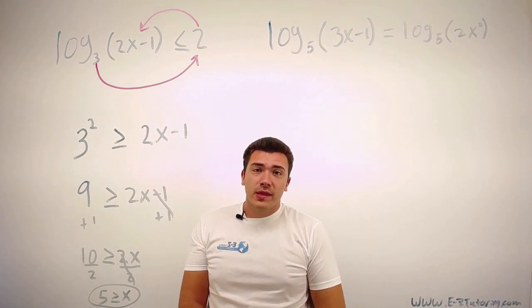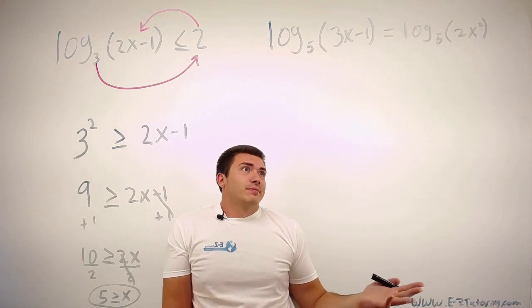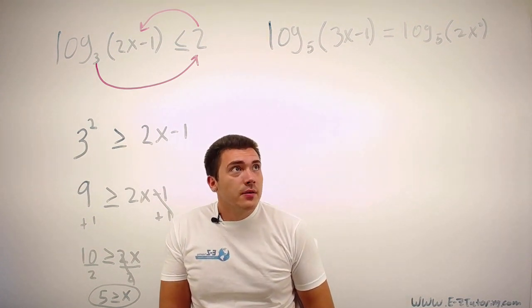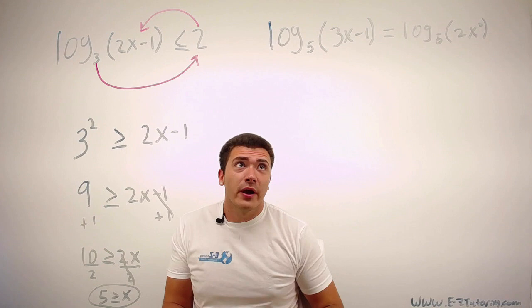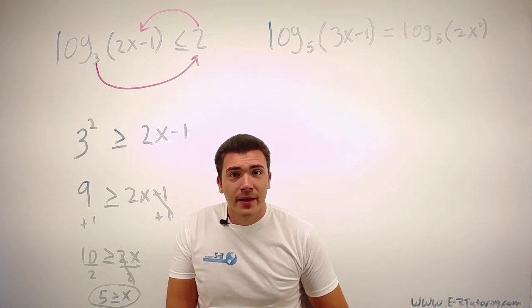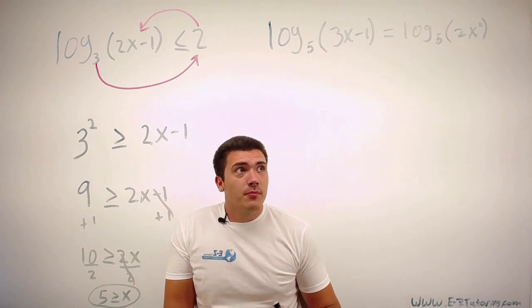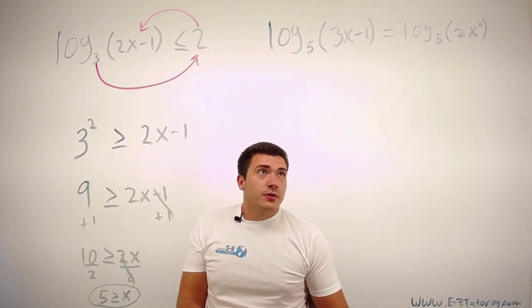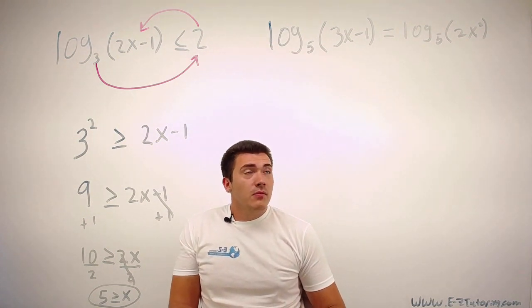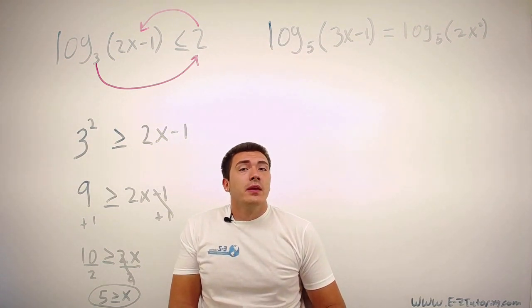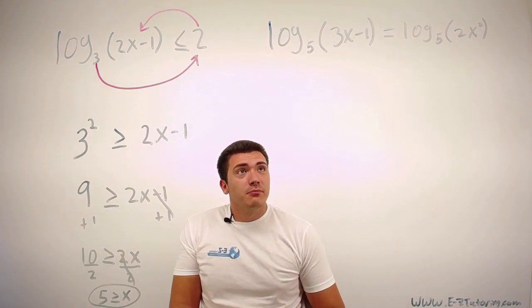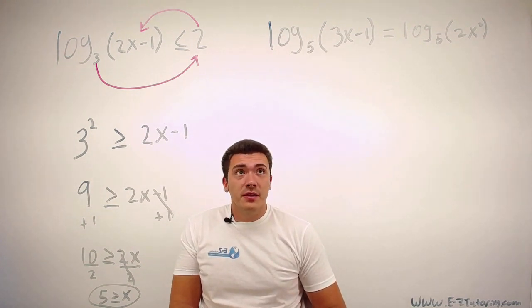And when you see this on a test, you may think, I don't know how to add logarithms, how to multiply logarithms, or how to combine them in any way. And when you think that, you might overthink it and not really know how to approach this. So anyways, this is much, much easier than it seems.